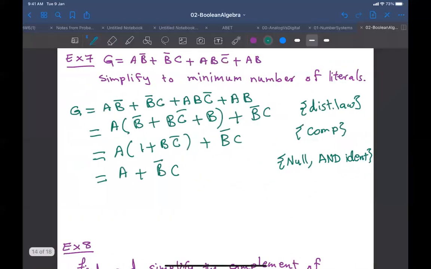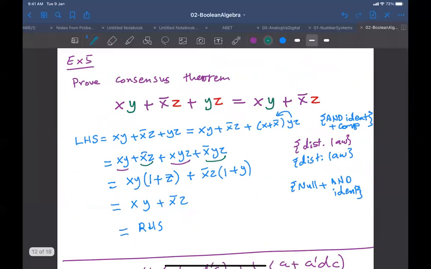Okay, so if no questions are there, let me talk a little bit about the consensus theorem, okay? The consensus theorem tells us that there is a term that you can add to a function given some conditions, such that it doesn't change the value of the function. So if your function is x times y, ORed with x complement times z, then you can add yz without affecting the value of the function.